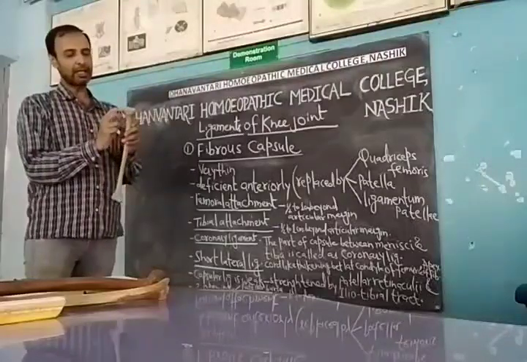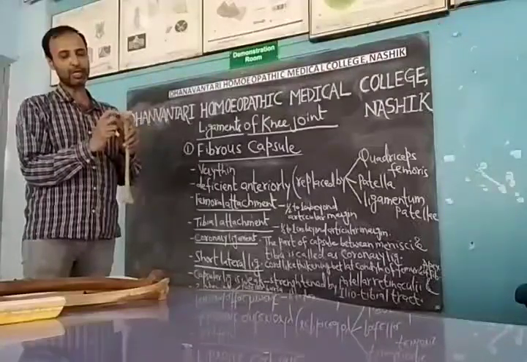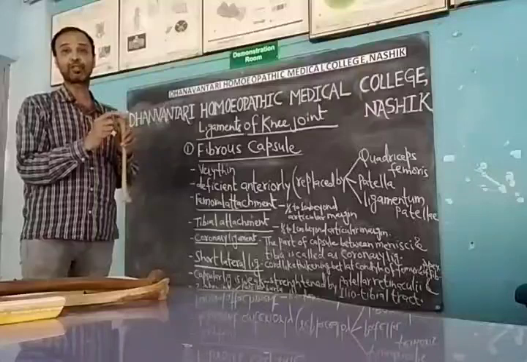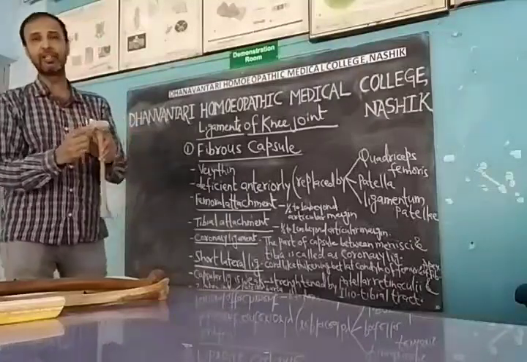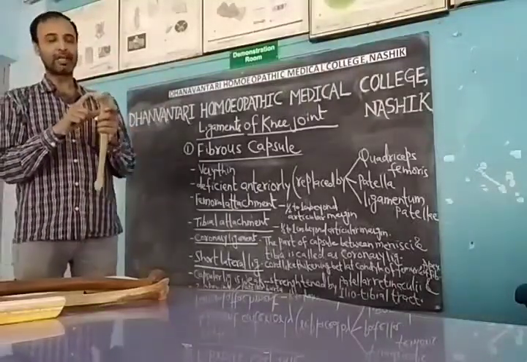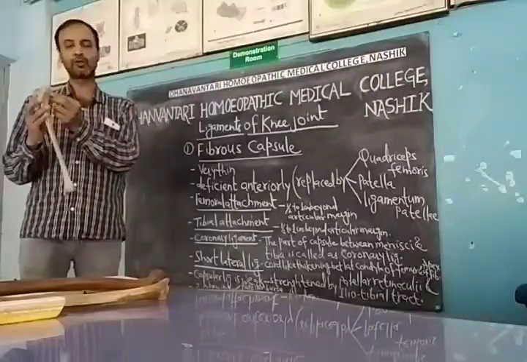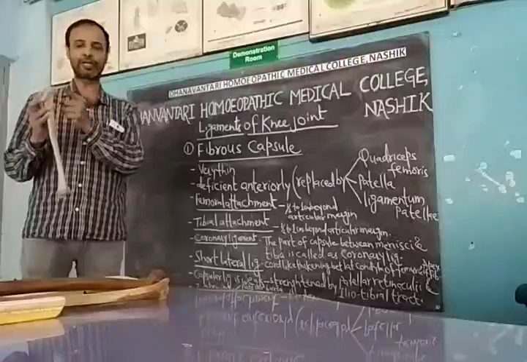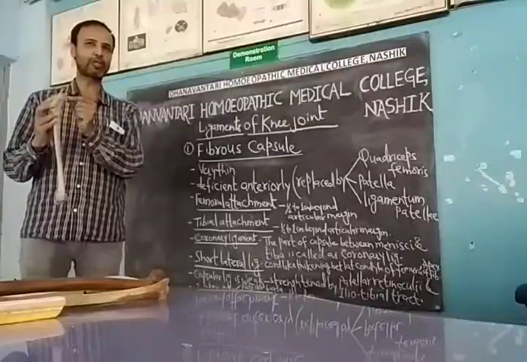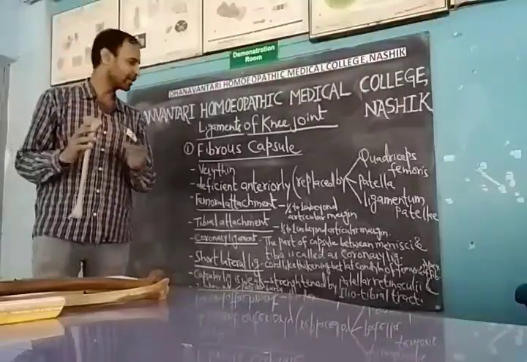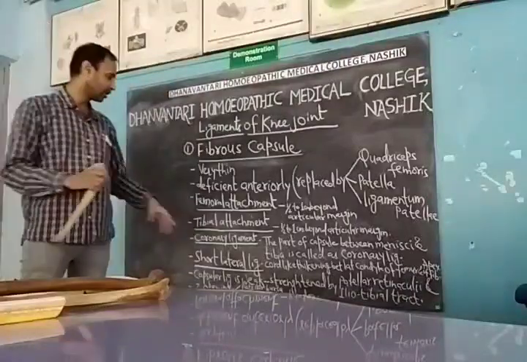Posteriorly, it is attached to the intercondylar ridge. And posterolaterally, with the exit of the popliteus tendon, it is surrounding and attached. So these are the three characteristic features of the tibial attachment.